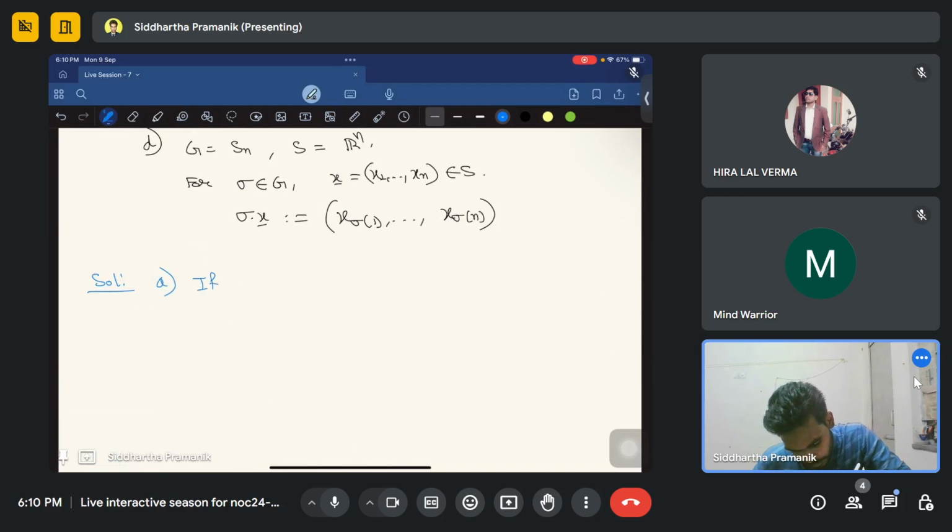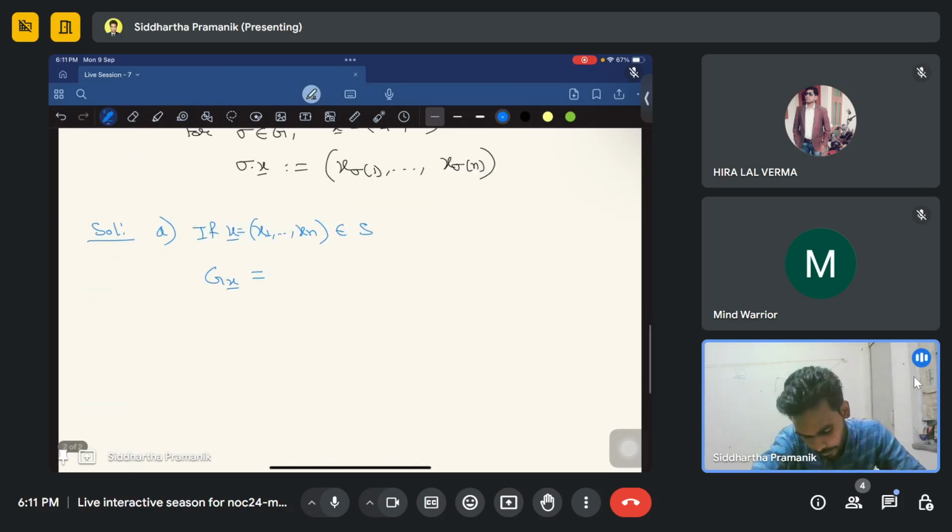If (x1, up to xn) belongs to our set S, then what is the stabilizer of this x? Let me write down the definition.